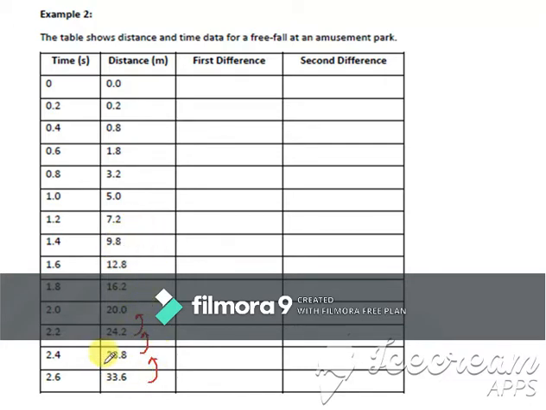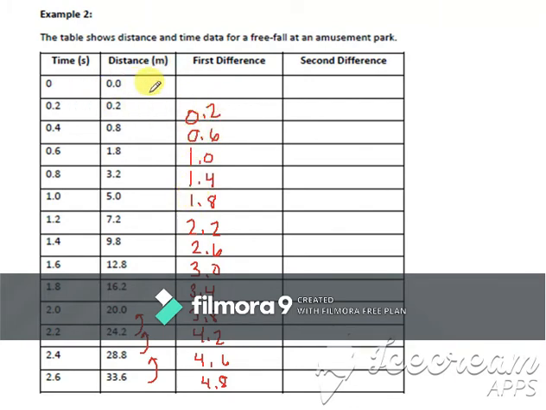So 33.6 minus 28.8, 28.8 minus 24.2. I'm not going to write all that out, but what we're going to get is 4.8, 4.6, 4.2, 3.8, 3.4, 3, 2.6, 2.2, 1.8, 1.4, 1.0, 0.6, 0.2.